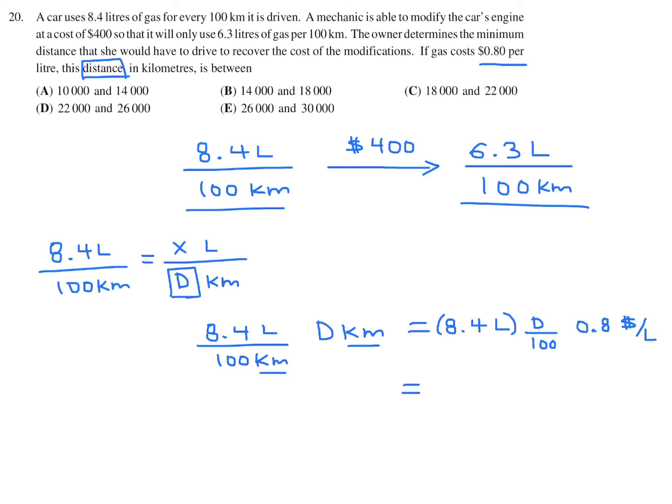So now, basically, the liters cancel in terms of the units, and then you get something all in terms of dollars. And that is going to be 0.0672, and don't forget the D. All right? So 8.4, 0.8, and 100, those were the numbers used to figure out this 0.0672.